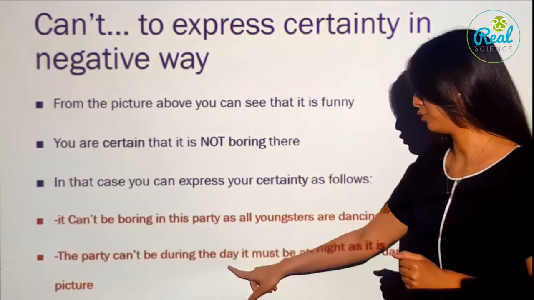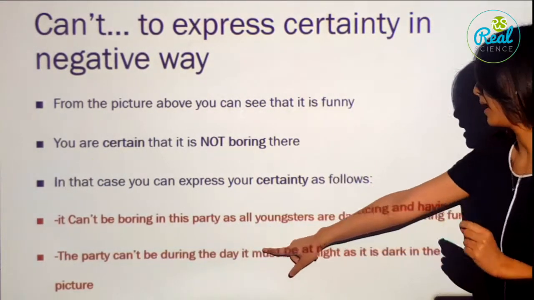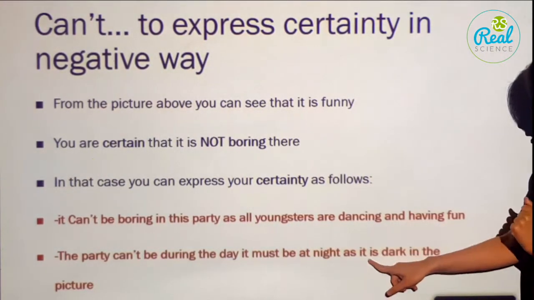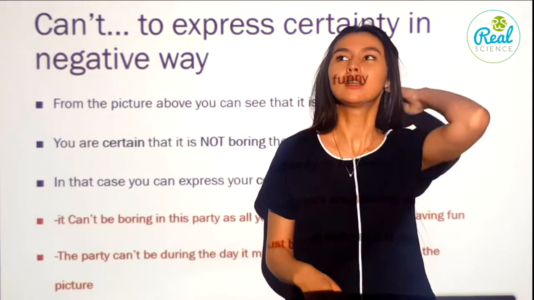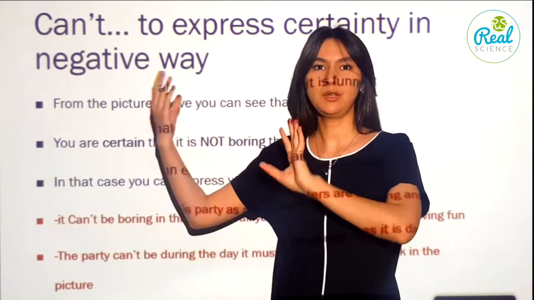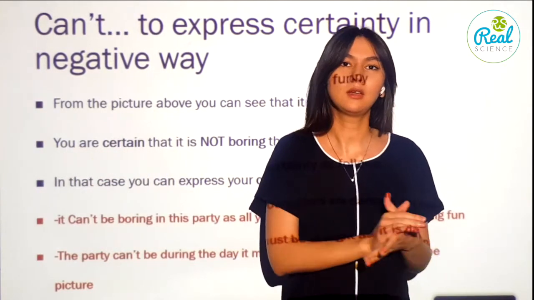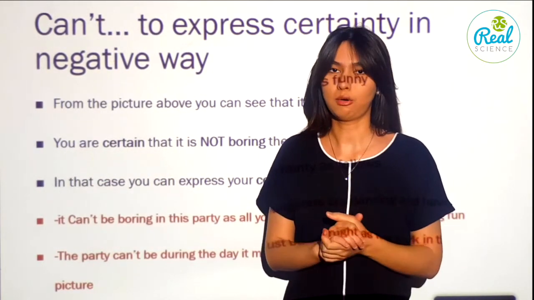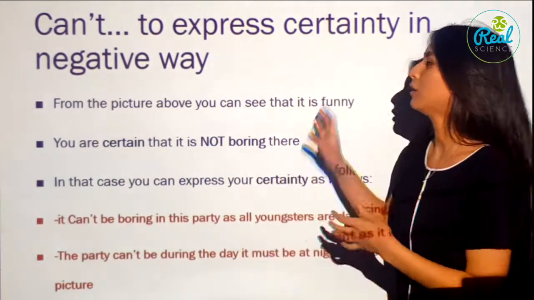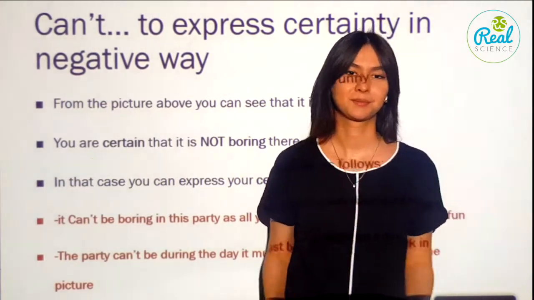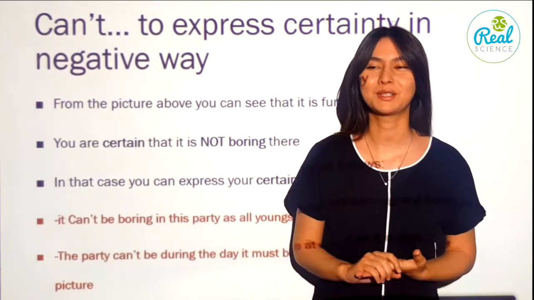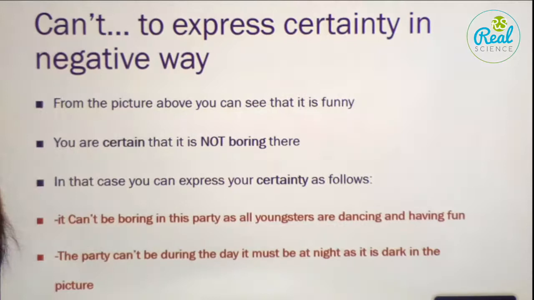So the parties cannot be during the day. So it must be, look, it must be at night as it is dark. So here also you are 100% sure that the parties must be during the night, not during the day, okay? So any questions regarding this one? Can't? No questions? Okay. In that case, let's continue.